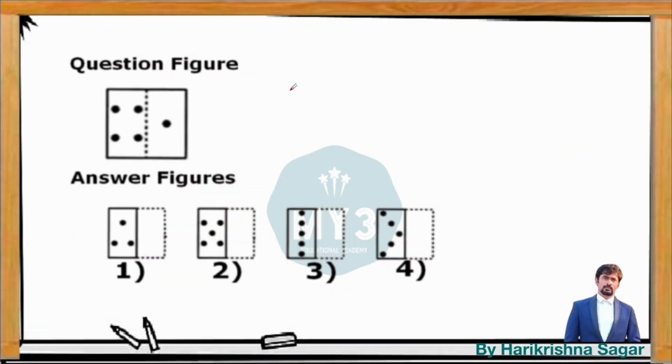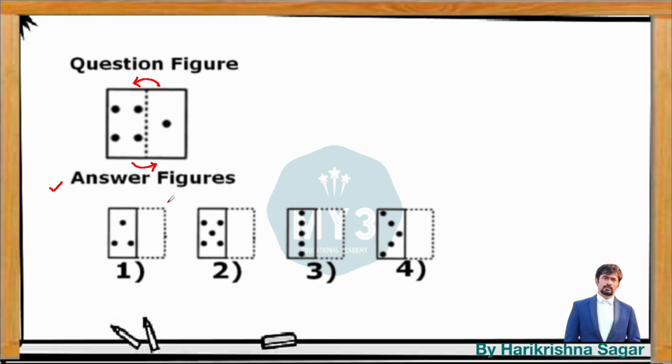If you observe this question, this is the question figure, these are the answer figures. You can observe the question figure is this and dots are available here. Wherever the dots are available, we are folding across the dot. So you are folding this half on top of this. And how the folding is happening, you will realize after looking at your answer figures. Your answer figures have this half darkened.